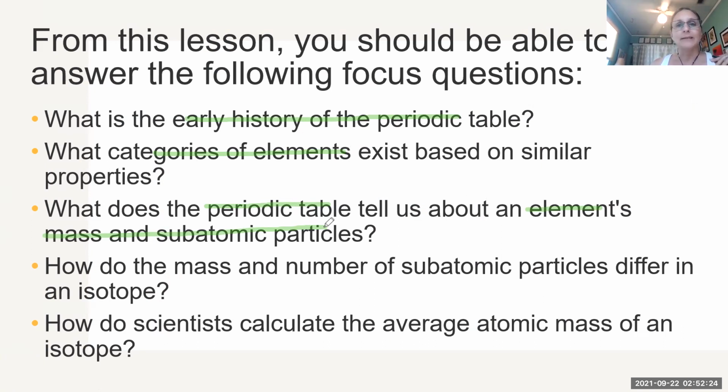The atomic mass tells you the weighted average of the percent abundance of the different types of isotopes of that element. How do the mass and number of subatomic particles differ in an isotope? It differs by the number of neutrons. And how do scientists calculate the average atomic mass of an isotope? By multiplying by percent abundance.